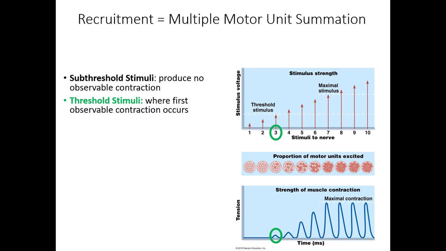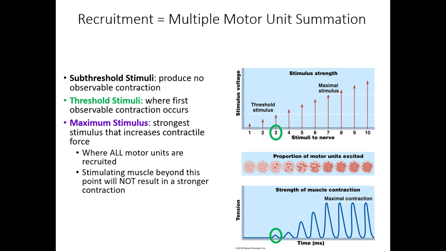And so we have higher and higher peaks as the stimulus is becoming greater. And you can see in that middle picture, more and more motor units are recruited, are called into activity by that stimulus. When we reach stimulus 7, that is our maximal stimulus or maximum stimulus.